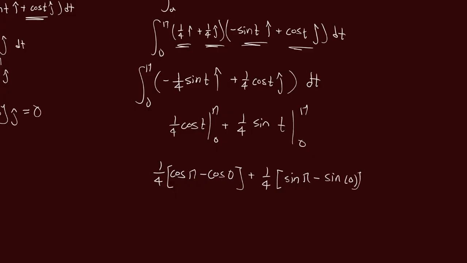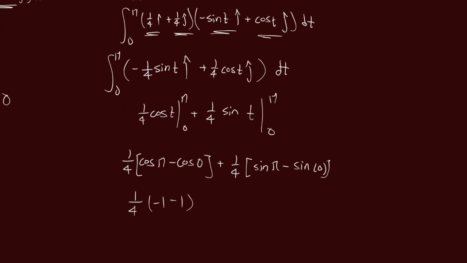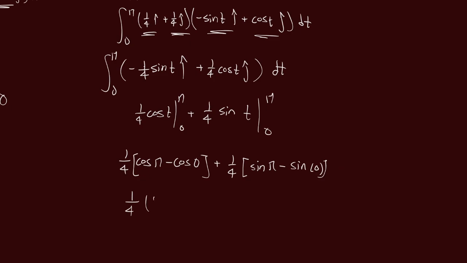Okay, so cos of pi, that's just minus 1. And then cos of 0, that's just 1. So it'll be minus 1 minus 1 and that's just minus 2, plus 1 over 4 sine of pi, that's 0, minus 0, so this whole thing is just 0. And then obviously we can clearly see our answer here, it's just going to be minus 1 over 2.